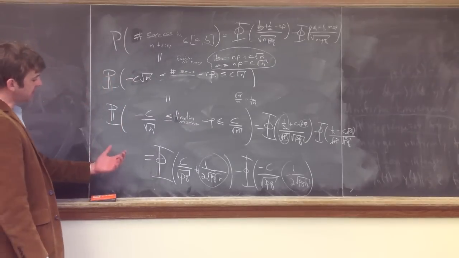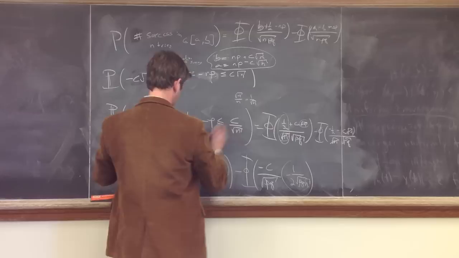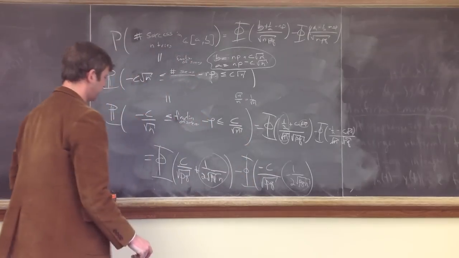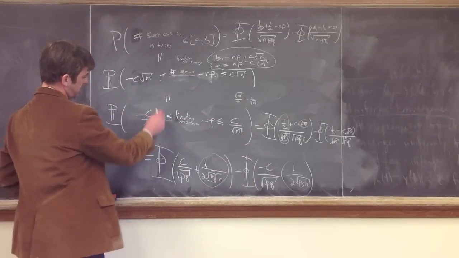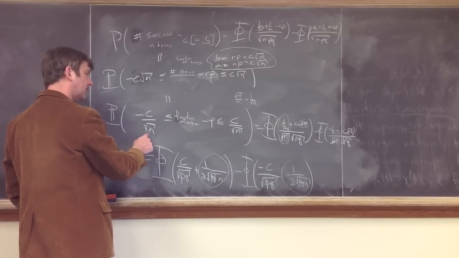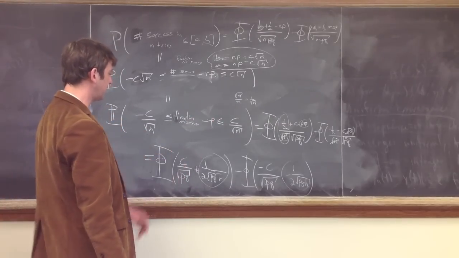And we really see that in this ever-tightening interval, we have some fixed probability of being in that interval. So if we make c very, very big, for big enough n, this will be a tiny little interval, and we can make this probability as big as we want.